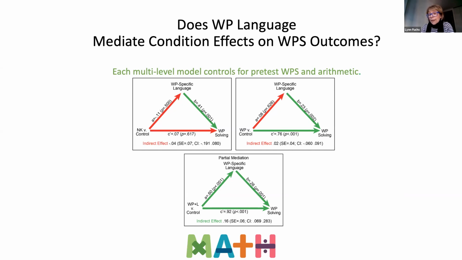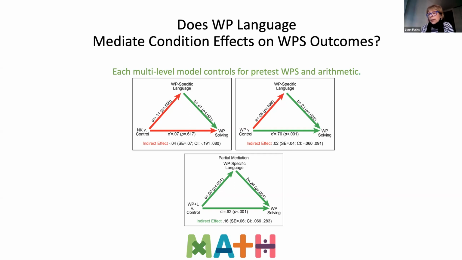When we multiply these two significant paths against each other, it's significant, which tells us that part of the effect, the total effect that we get on word problem solving, is attributable to this indirect path where the word problem condition with language is improving language.